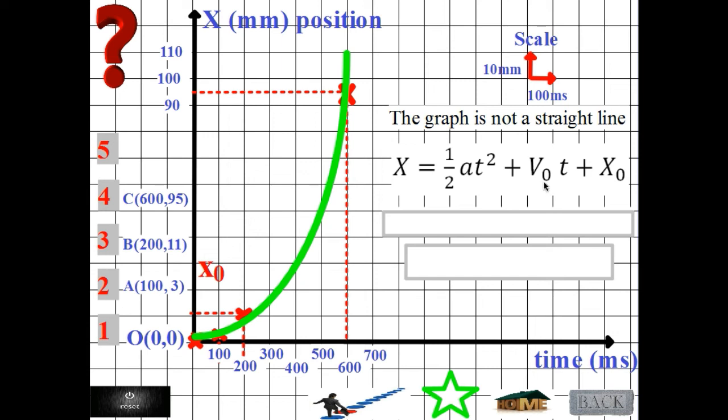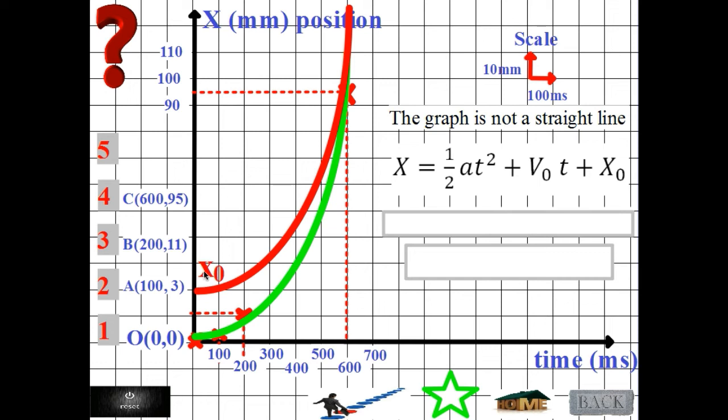Also, if x0 is 0, then this term will disappear also. So v0 t plus x0, these are the initial conditions, for the initial velocity and initial position. If x0 is 0 as in the green graph, then we cancel x0. If we have the graph as the red one, no, we are unable to cancel x0.